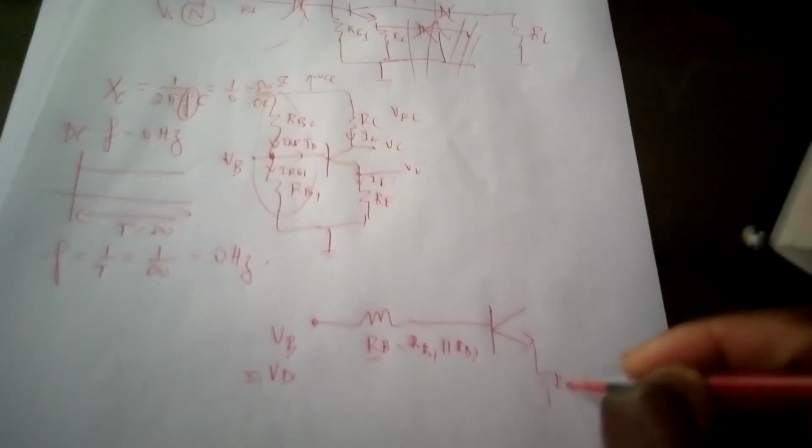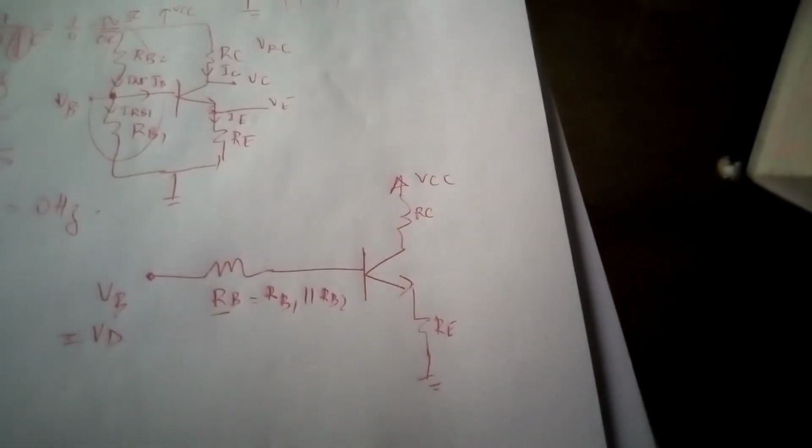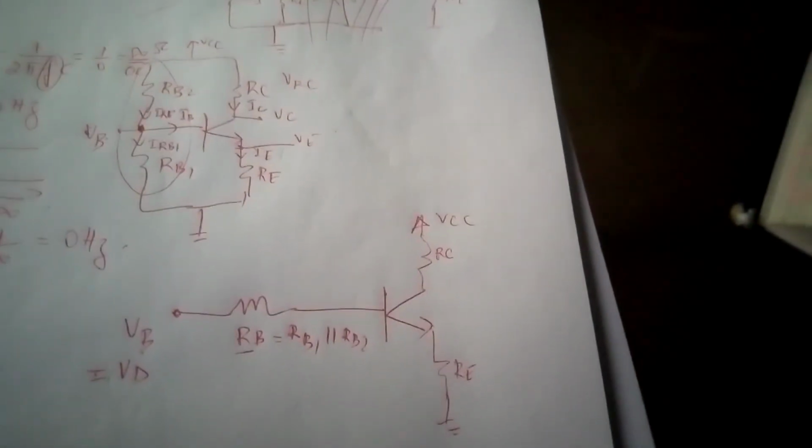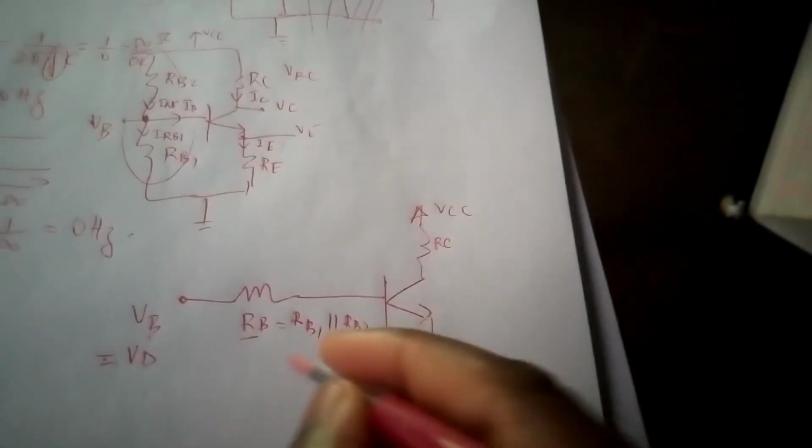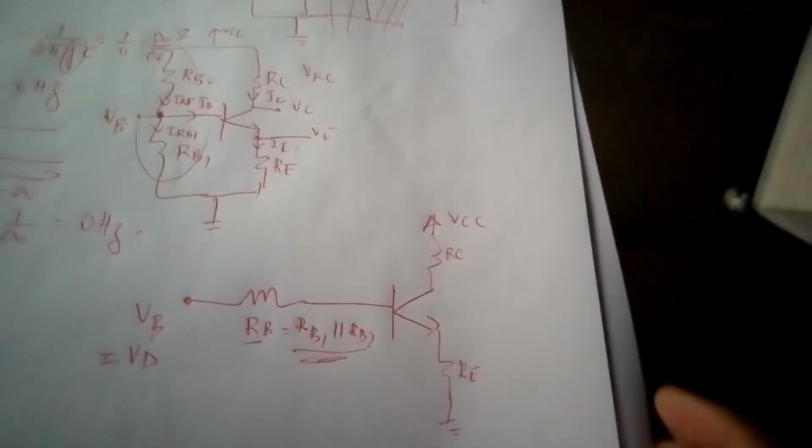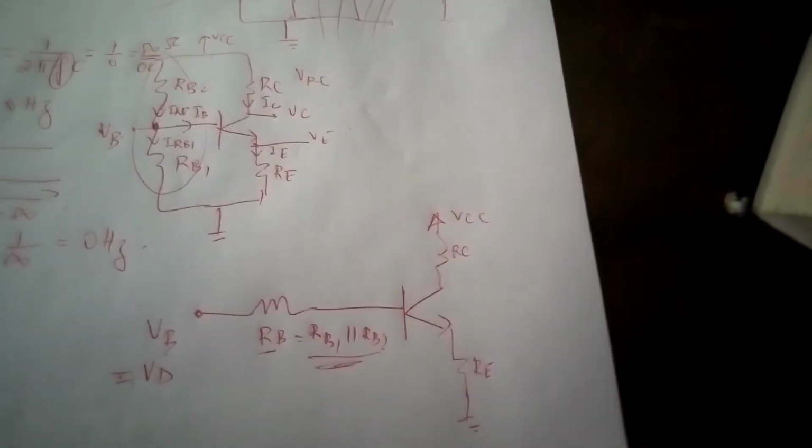You've got your RE, if any, you've got ground, you've got RC, and you've got VCC. And this becomes more or less easy to analyze from there, because we are familiar with such type of transistor circuit. As I said, this comes from a Thevenin to Norton, Norton to Thevenin transformation.